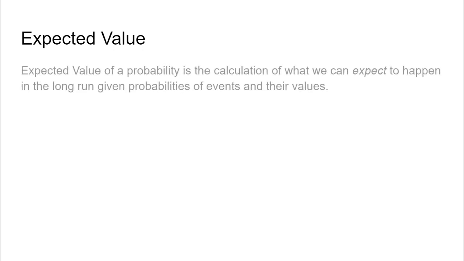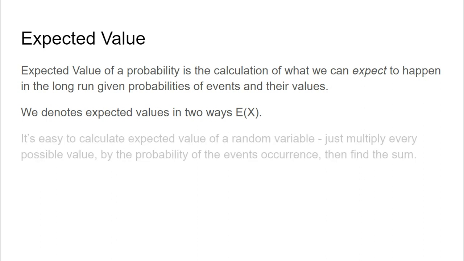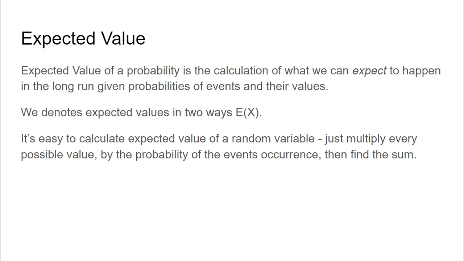This is when we get into an idea called expected value. Expected value is a calculation of what we can expect to happen in the long run given the probabilities of the events and their values. Sorry about that. We denote expected value in two ways, E(X) or big E of X. It's easy to calculate the expected value of a random variable.